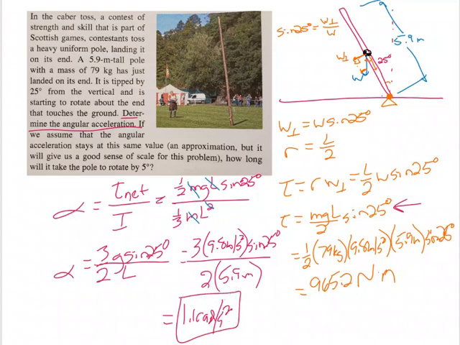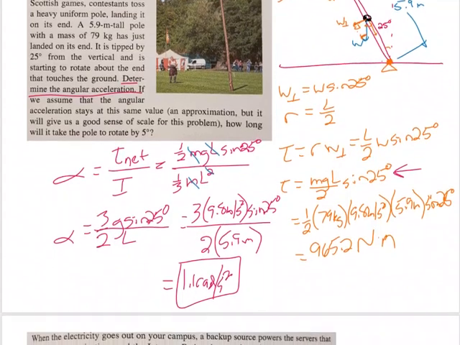Now we have to find a delta t. So how long will it take the pole to rotate by 5 degrees? We know the angular acceleration is 1.1 radians per second squared. So now we just need to use a formula that would involve a delta theta because we want to go 5 degrees. So something with a delta theta, and obviously an angular acceleration.